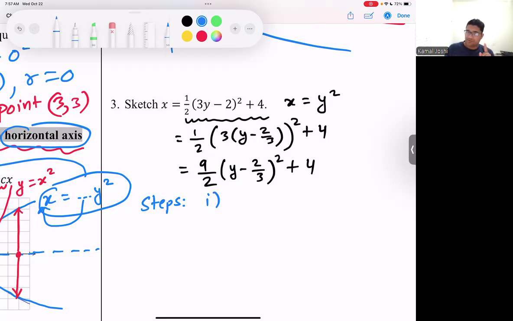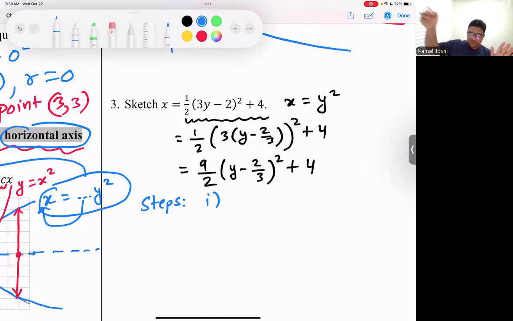You have to think differently from how you have been thinking of y as a function of x. X is a function of y here. So when you do y minus 2 over 3, you are subtracting 2 over 3 from the y value.